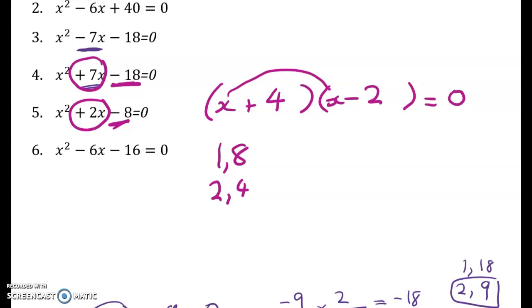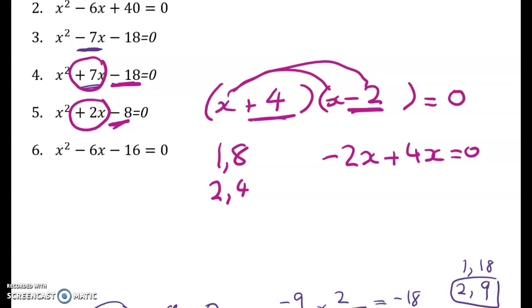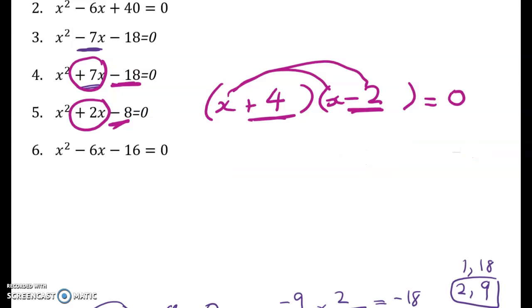We get x squared minus 2x plus 4x for that middle term. Solving, the last step, I have to work out how to make each of those factors 0. x is negative 4 or x is 2.